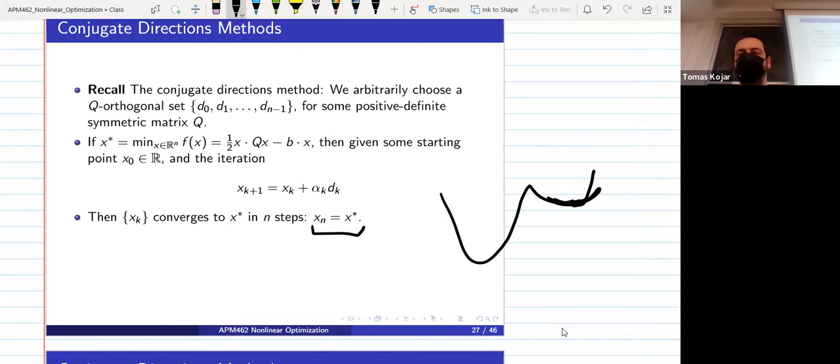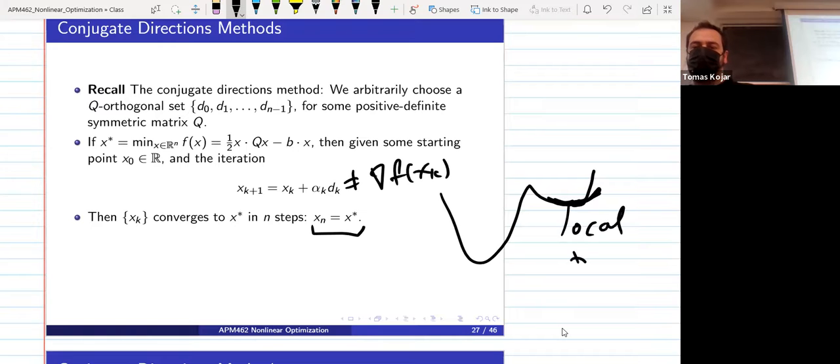It's not looking at greatest increase or decrease. It's looking along these eigenvectors. Again, this is not a gradient of f of xk. That's not it, right? So it overcomes local traps, which is a big problem in optimization. Huge.